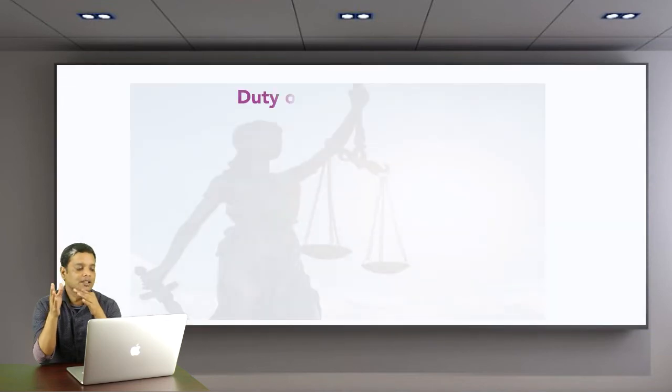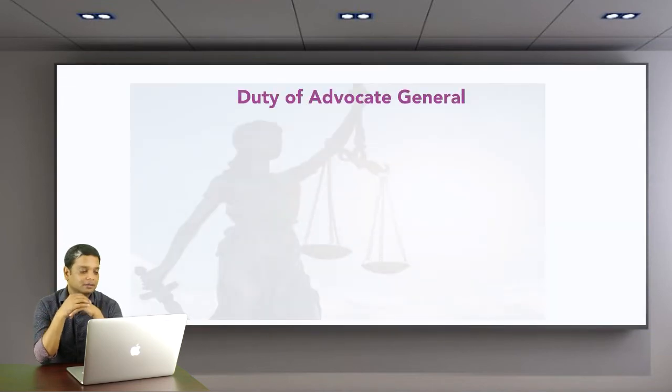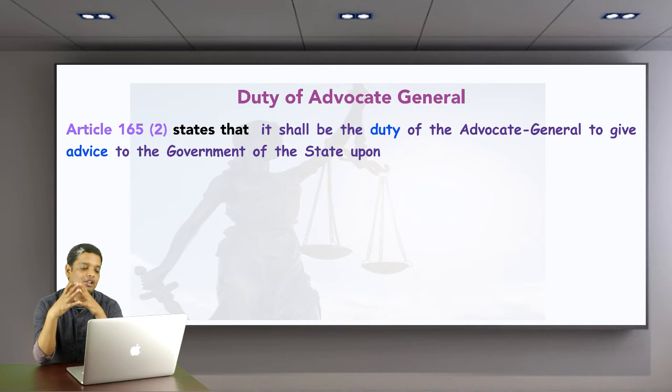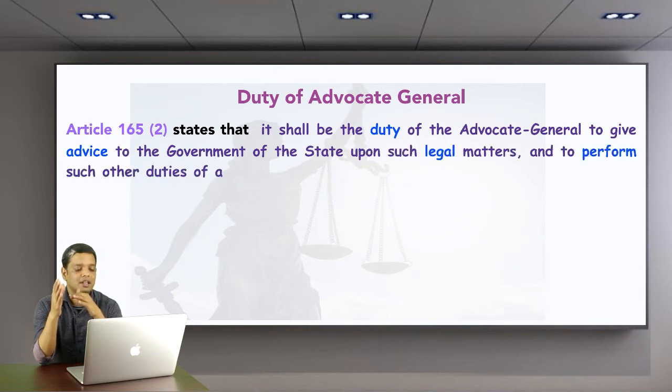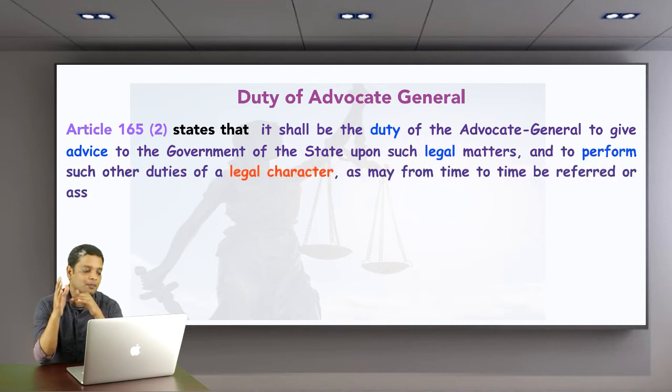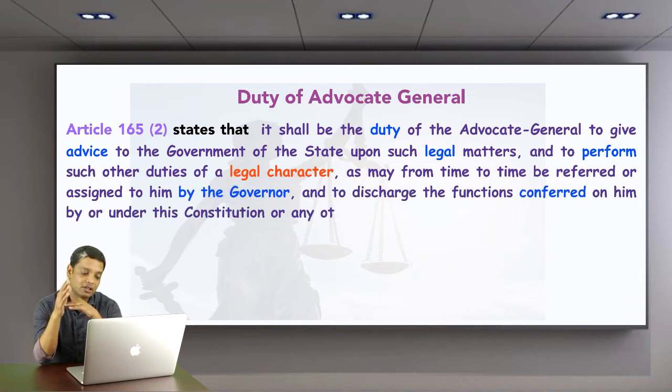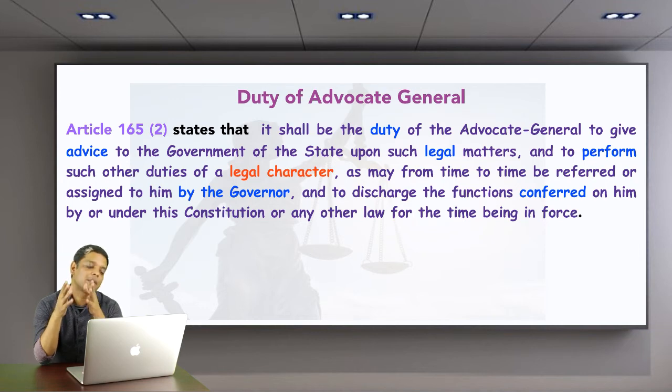Now, let's check out what is the duty of Advocate General. Article 165(2) states that it shall be the duty of the Advocate General to give advice to the government of the state upon such legal matters and to perform such other duties of a legal character as may from time to time be referred or assigned to him by the governor, and to discharge the functions conferred on him by or under this Constitution or any other law for the time being in force.